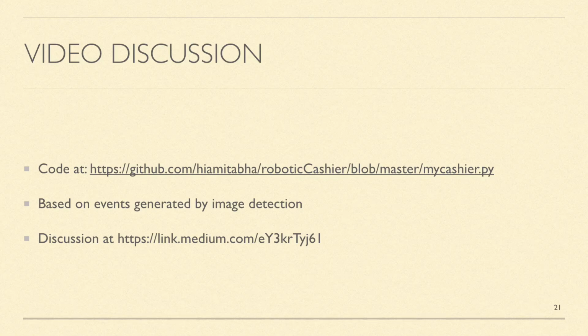The next challenge comes in effectively interacting with the human, making him feel that this is a legitimate cashier and completing the transaction. Here is where the quality of the robot in terms of its emotional response or emotive content is very, very important. There's a further discussion on this topic on the Medium link which is posted in the slide.